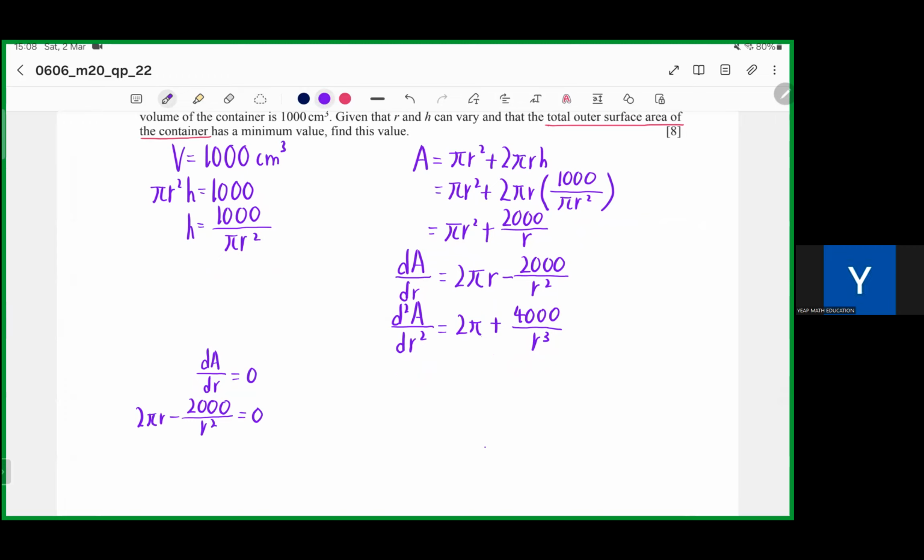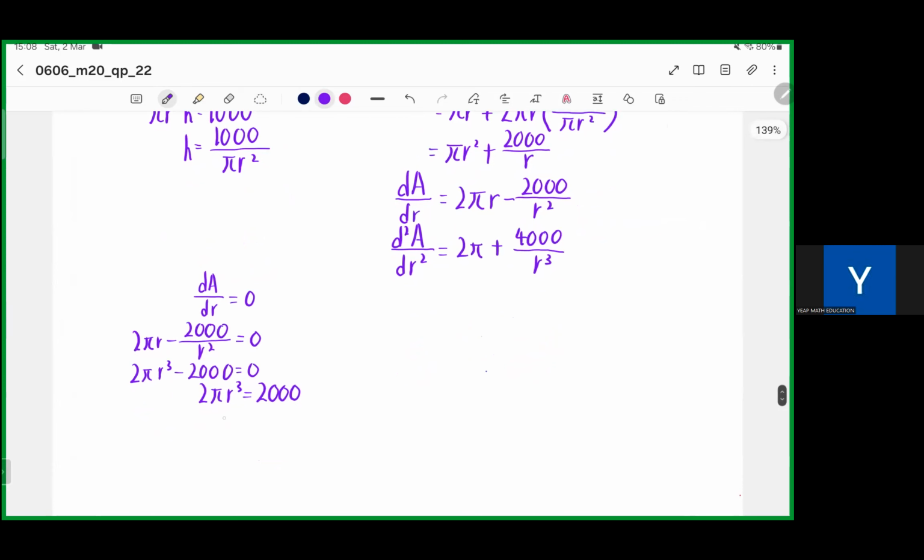Now we multiply by r squared, so we get r cubed equals 1000 over pi. So we see that r is 6.83 cm.